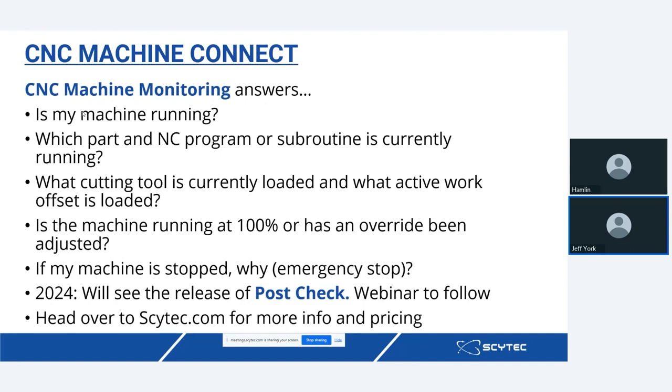But then also very specific things like which part, NC program or subroutine is currently running, what cutting tool is currently loaded, and what active work offset is loaded. Is the machine running at 100% or has an override been adjusted? If my machine is stopped, what is the reason for that? Is that an E-stop? Is that a program hold, an M1 or an M0?